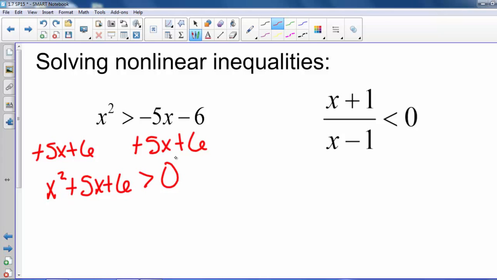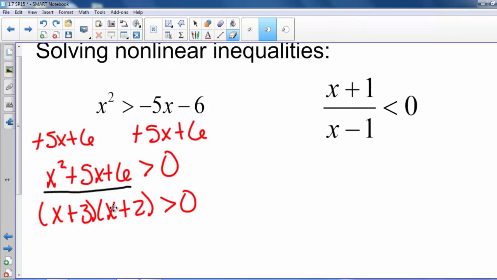Now, to get this left-hand side to be two things being multiplied together, we're going to factor. So we get x plus 3 times x plus 2 is greater than 0. So now we need to know, when are these two quantities, x plus 3 and x plus 2, multiplied together, when are they greater than 0?